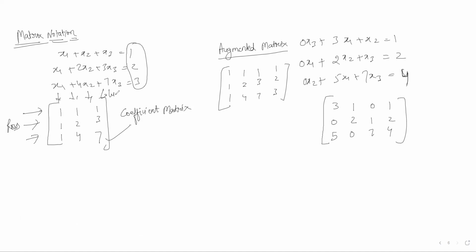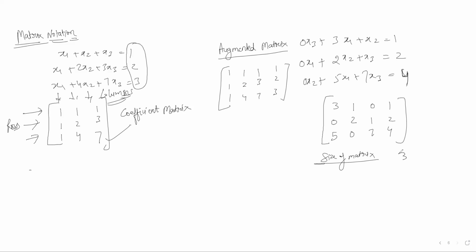So these are rows and these are columns, right? Whenever we write the size of a matrix, it is given by the number of rows and columns. How many rows are there?